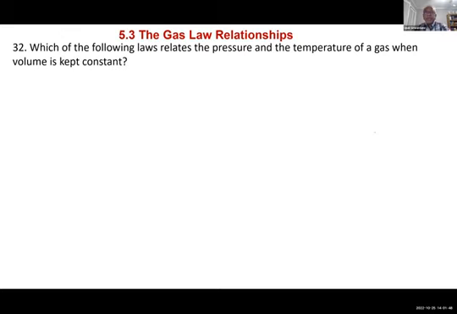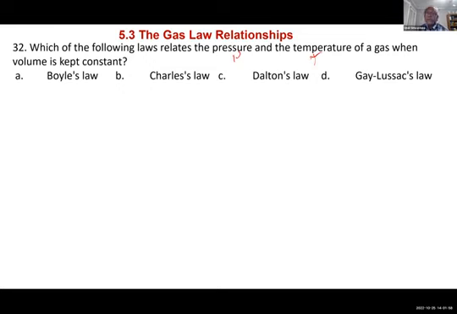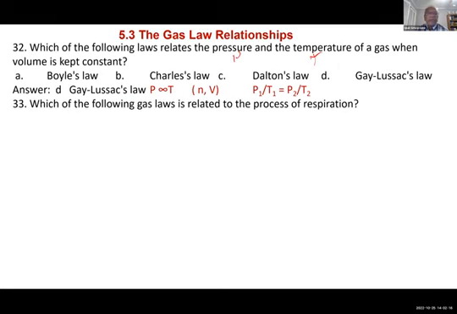That's a PT relationship. PT relationship is called Gay-Lussac's law. Amount in N and volume are kept constant. This is Gay-Lussac's law. P1 divided by T1 is equal to P2 divided by T2.